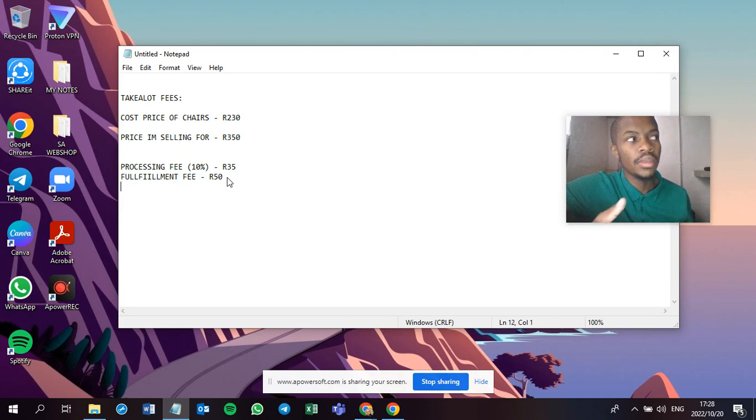The fulfillment fee is calculated based on the weight and the size of the item that you're selling. They already have this on their website, you can just check it there. So the fulfillment fee is 50 rand.